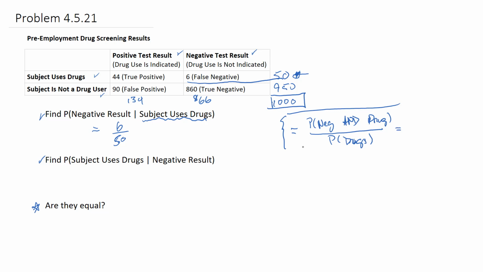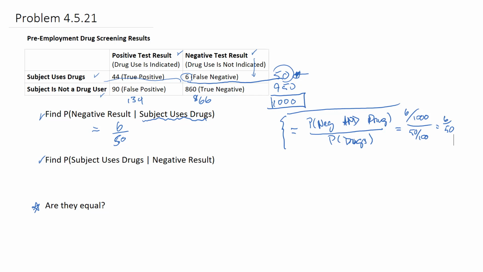So what are these probabilities equal to? The probability that they get a negative result and they use drugs is going to be 6 out of 1,000. And then the probability that they use drugs is 50 out of 1,000. And you see that this actually simplifies if you do the multiplying by the reciprocal. You see that we're going to get the same result.